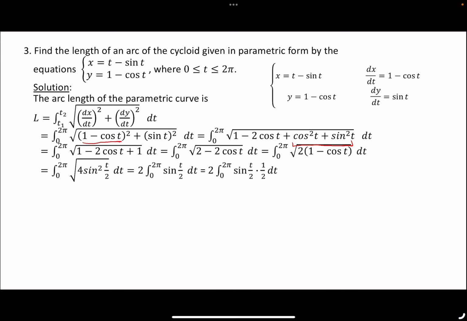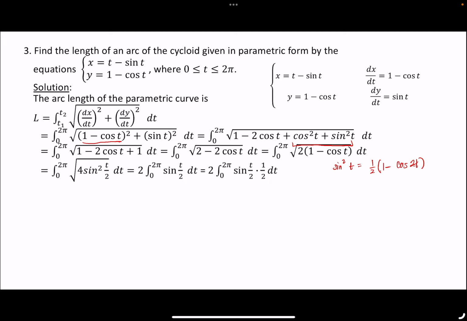We apply the half angle identity for this one. So we have 2 times 1 minus cosine t is equal to, so we apply the identity sine squared t is equal to 1 half of 1 minus cosine 2t. So this would now be 2 sine squared t equal to 1 minus cosine 2t.